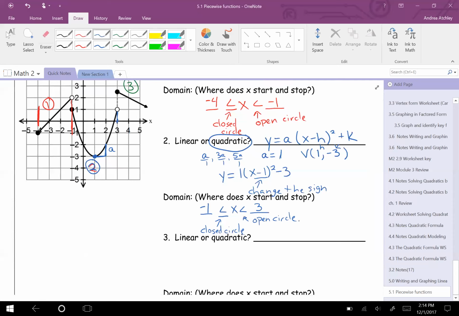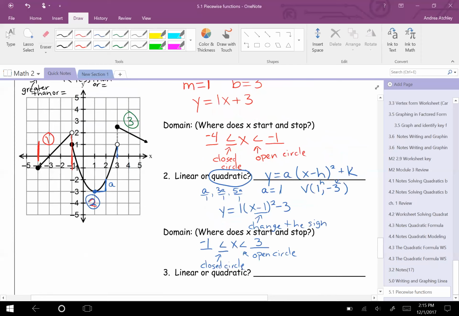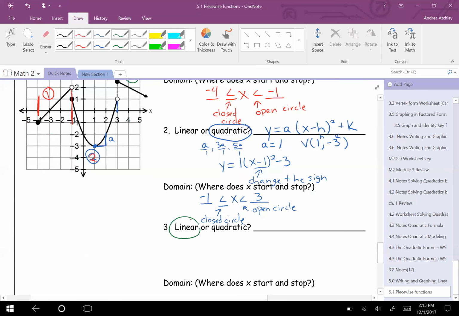Okay. Last one, our linear or quadratic. That last piece of our graph, of our piecewise function. Is that a linear equation or a quadratic? Linear. It is a line, so it's linear. So we're back to y equals mx plus b.